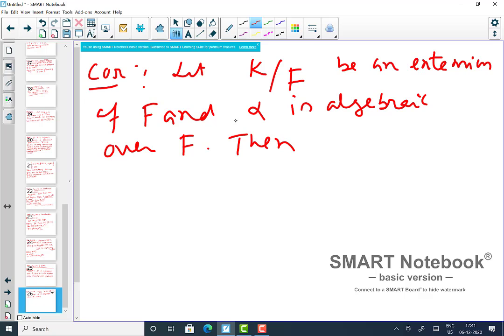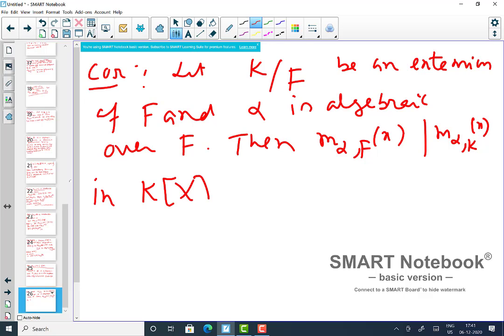What is the relationship between these two minimal polynomials? The answer is that m_alpha,F(x) is a polynomial inside F[x], but it is also inside K[x]. So this divides m_alpha,K(x), and this division will happen inside the polynomial ring K[x], okay.